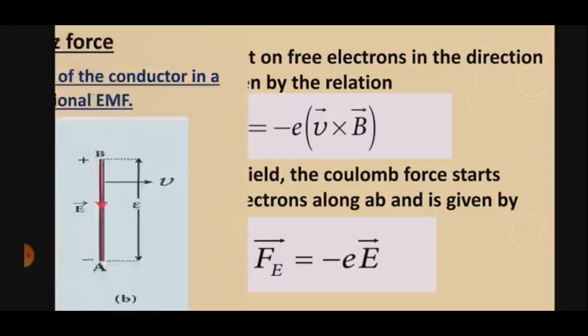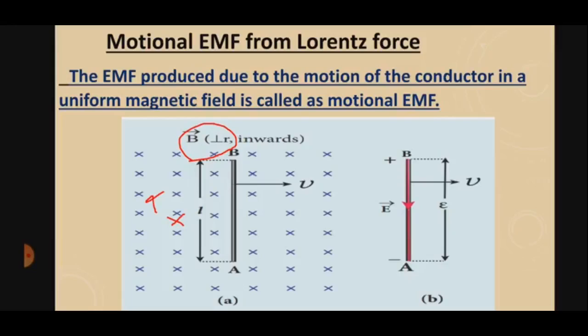Due to the magnetic Lorentz force, what will happen? When the conductor moves with velocity V, every free electron experiences this force. Due to this force, all the electrons flow in one direction, so an induced EMF is produced.